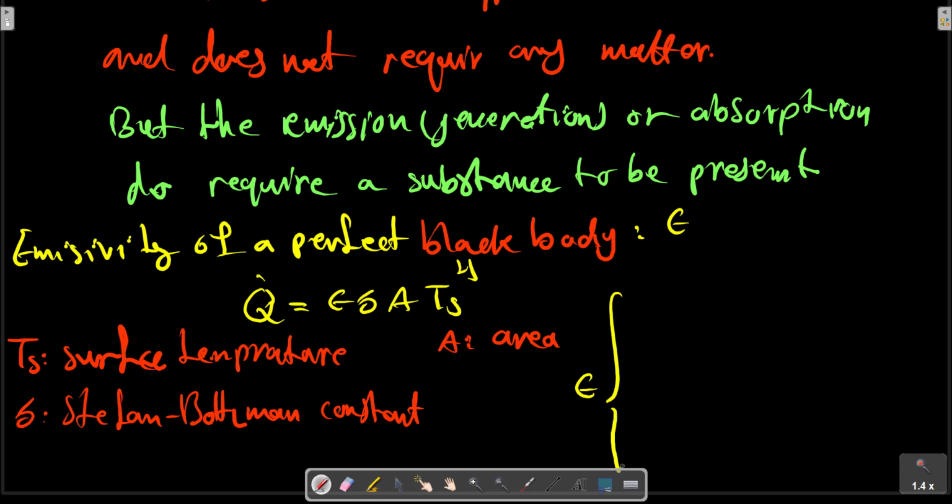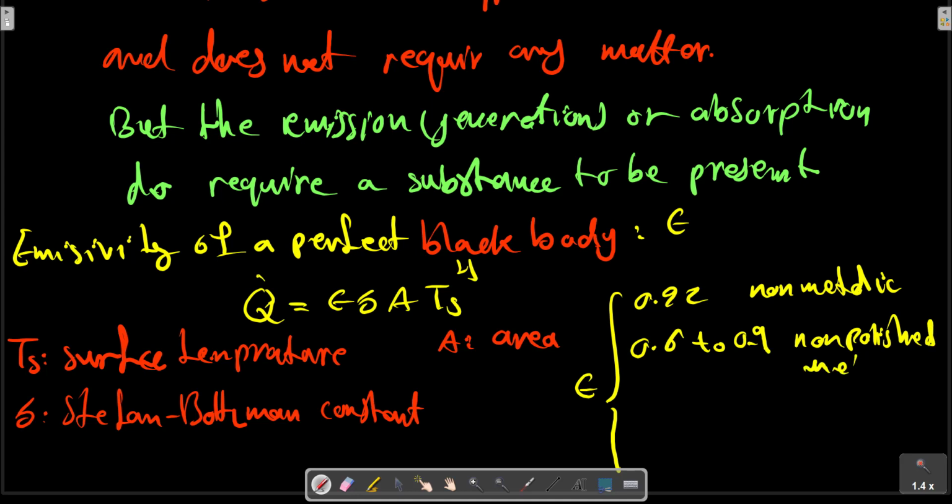Emissivity for non-metallic surfaces, for non-polished metallic surfaces, and for highly polished metallic surfaces differ.